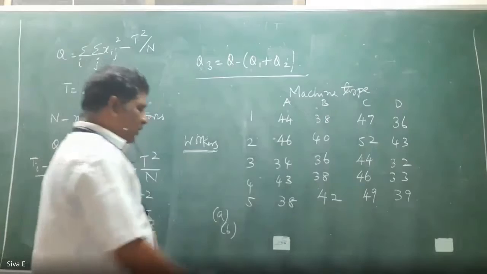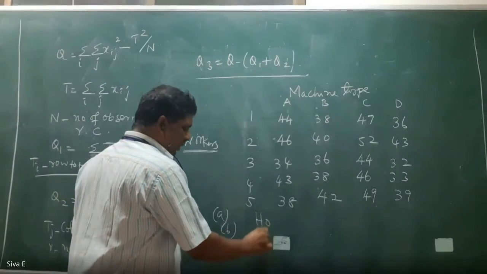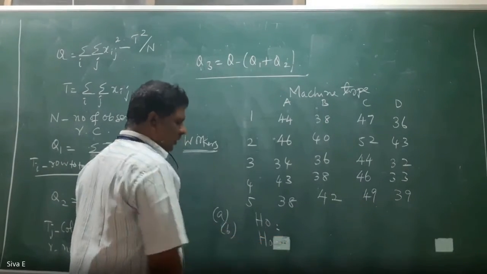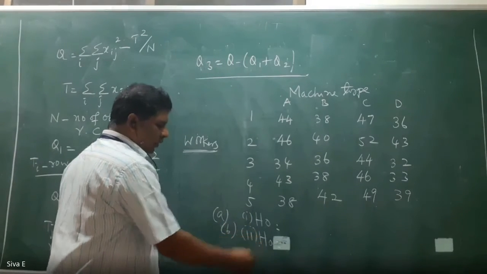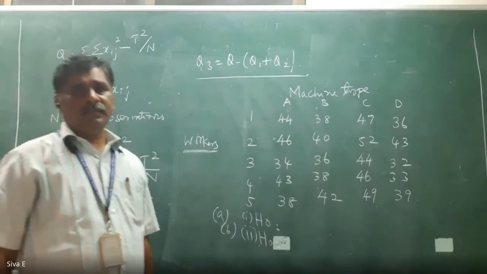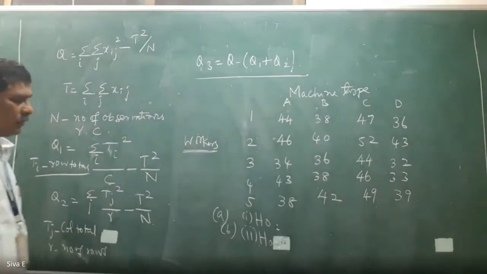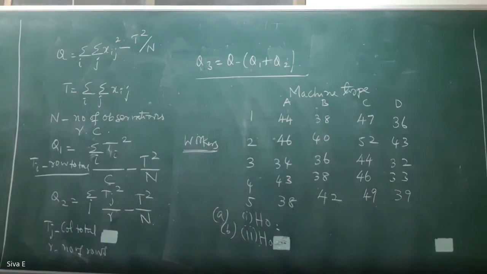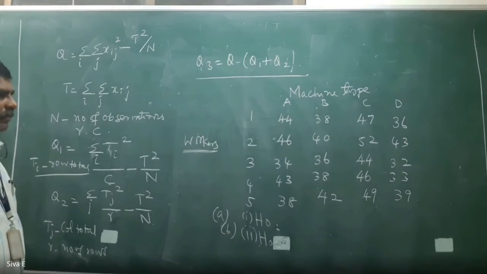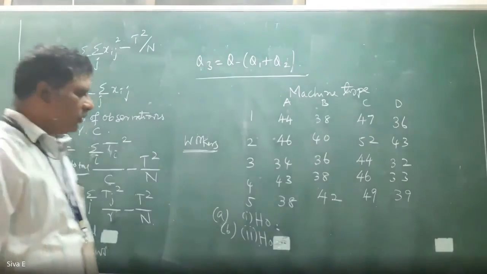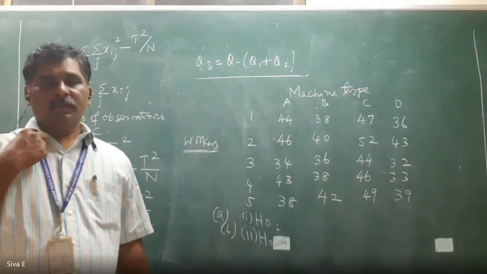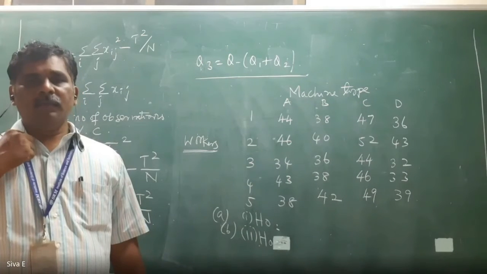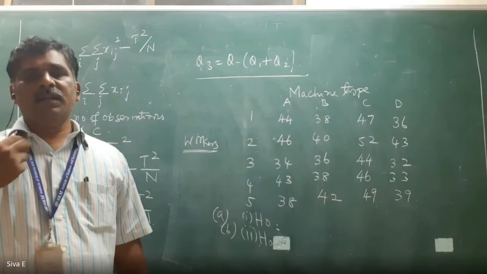So we have to write H0, or two H0s, at the same time. What are the two H0s? Write them as statements. Based on the problem, what are the two H0s?